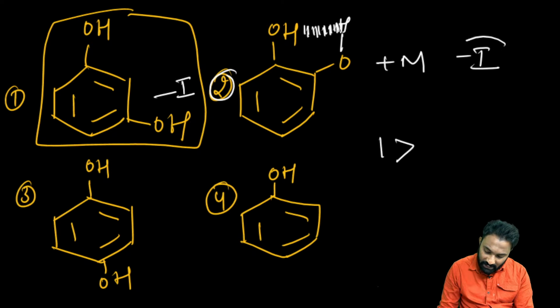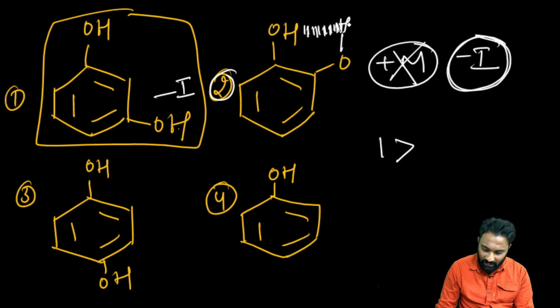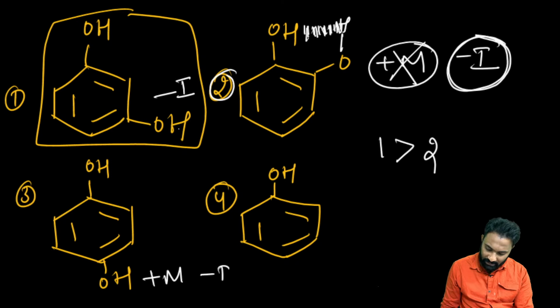Its minus I effect will be more dominating than the plus M. Due to the resonance, this one has less acidic strength, because here the plus M is there and here the hydrogen bonding will be there. Due to that the next order will be 2, but here it will be plus M and minus I. Plus M will be more dominating, and the normal will be 4 and the last will be 3.